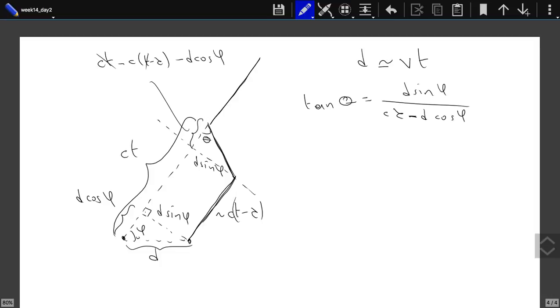Do you agree? Well, the electric field is parallel to this one. The tangential component is along this line, and the radial component is along that line.